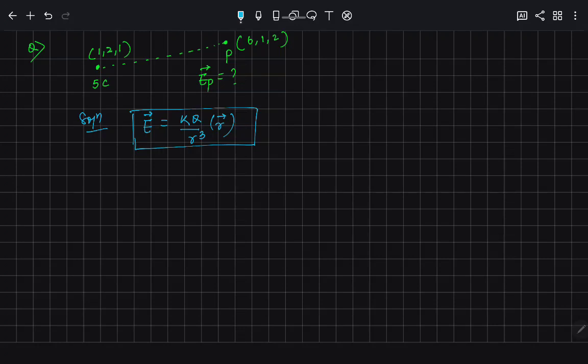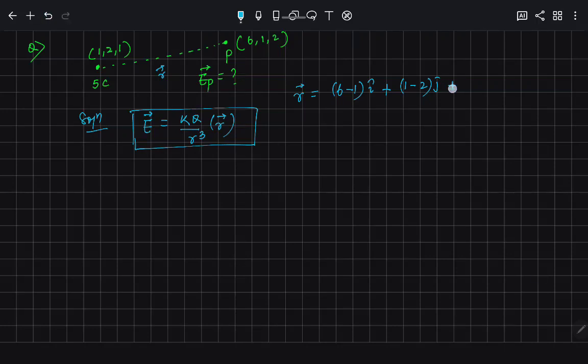Now tell me, the r vector, I told you, starts from this charge going to the point P. So the r vector is defined as (6 minus 1) i cap plus (1 minus 2) j cap. You just see here, 6 minus 1, like that you do the vector. This r vector can be written as this position minus this position, you know that, right? That thing I am applying only.